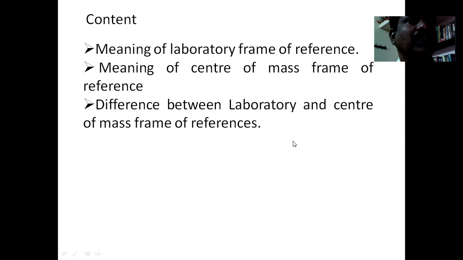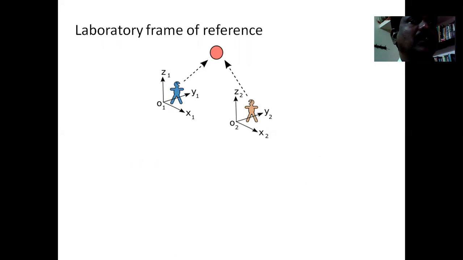See here, for the explanation of the laboratory frame of reference, I have shown two pictures with two coordinate systems, O1 and O2. These are two persons measuring some variable quantity. The red one is some object.